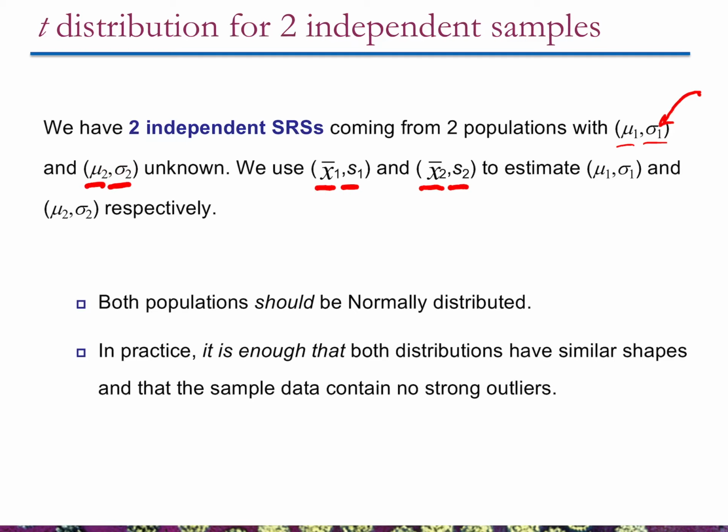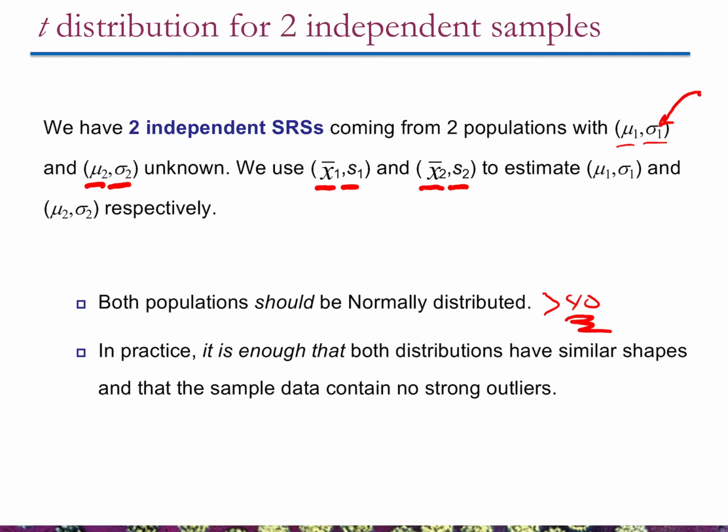Now, a couple of assumptions that we need to keep in mind. Both of our populations, again, should be normally distributed. If they're not, however, as long as we have a sample size of greater than 40, then we probably don't have to worry about whether our populations are normally distributed. The central limit theorem allows us to get a normally distributed sampling distribution even from a skewed population distribution, but you have to have a large enough sample to be able to do that.